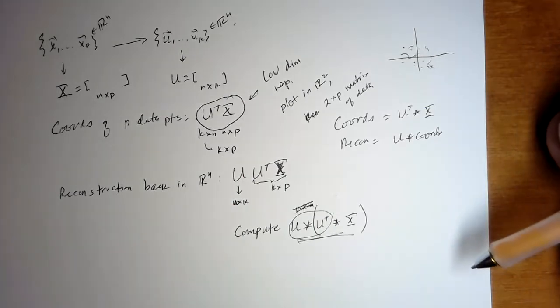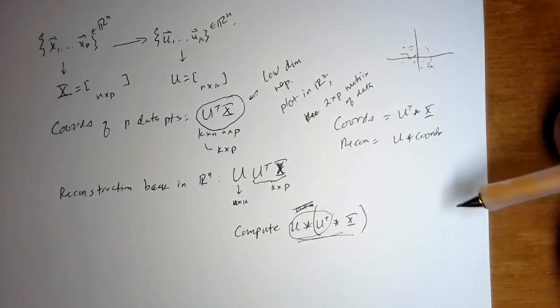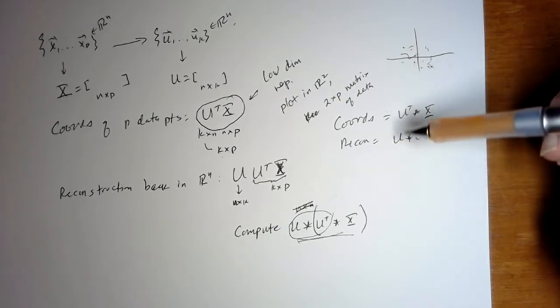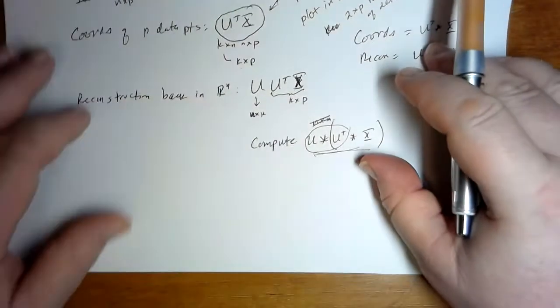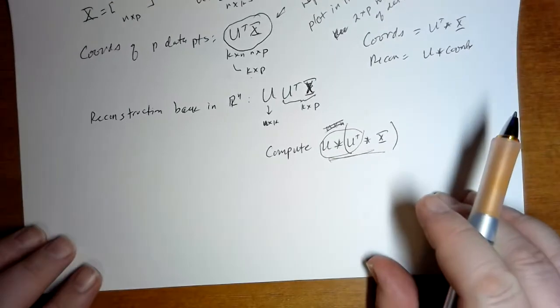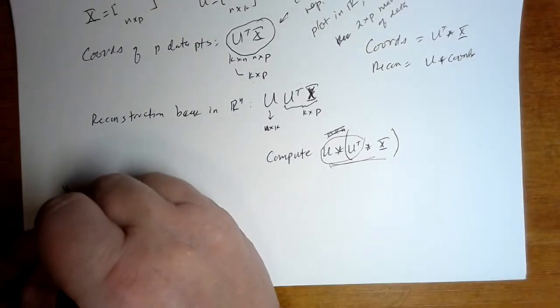Good. Now, we've talked a lot about some of the theory. What's very interesting, and what we'll talk about next, is the application of the best basis. The idea behind the application that we're going to be doing is we're going to be looking at face space.